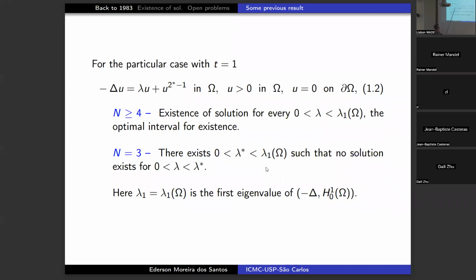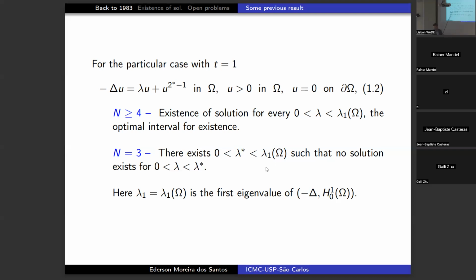For the particular case when the perturbation is linear, when we have this problem here, for n greater or equal to 4, they proved the existence of a solution for every lambda positive and smaller than the first eigenvalue of the Laplacian.